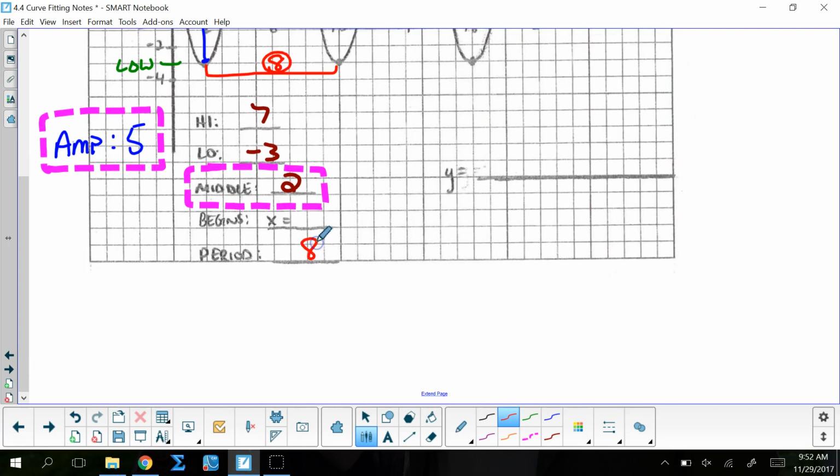If my period length is 8, then 8 is going to equal 2 pi divided by b. So that means b is going to equal 2 pi divided by 8. So b here is pi over 4. Agree with that?